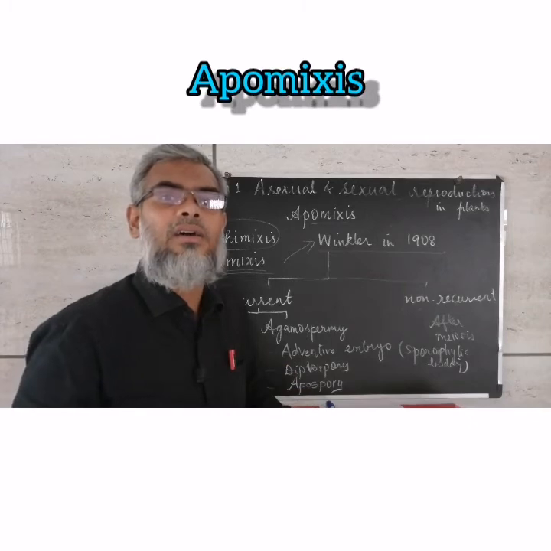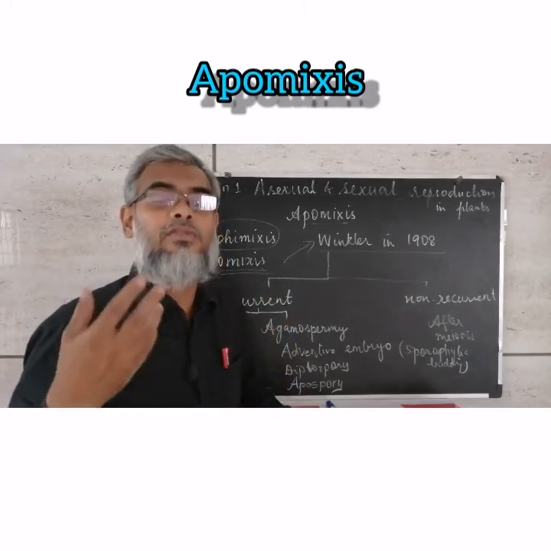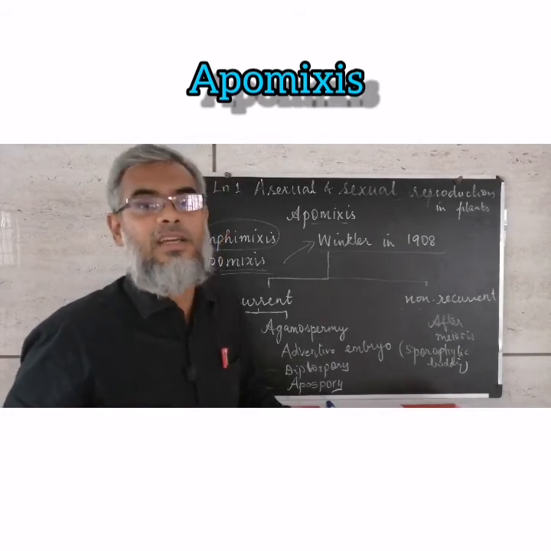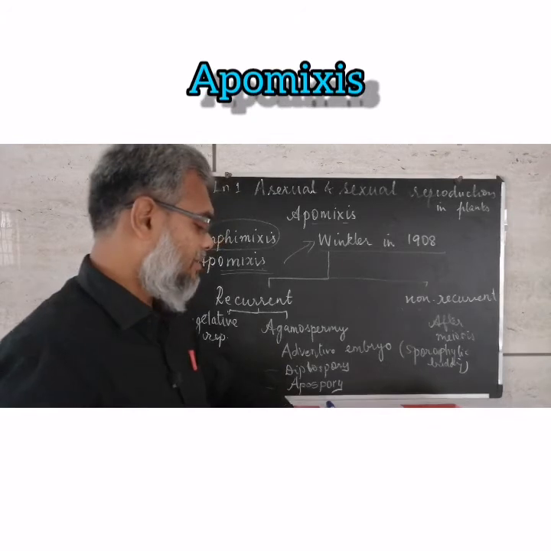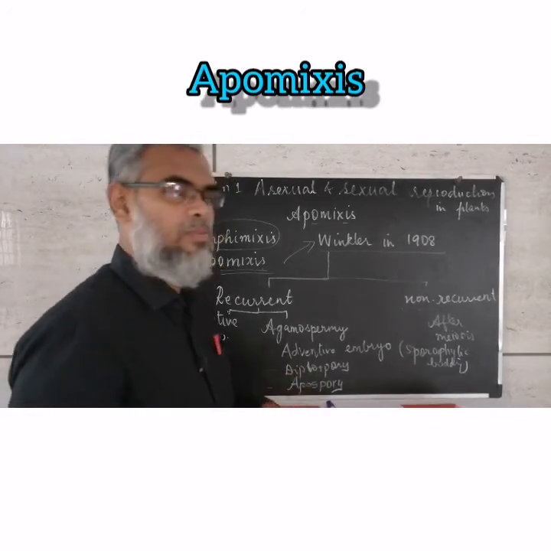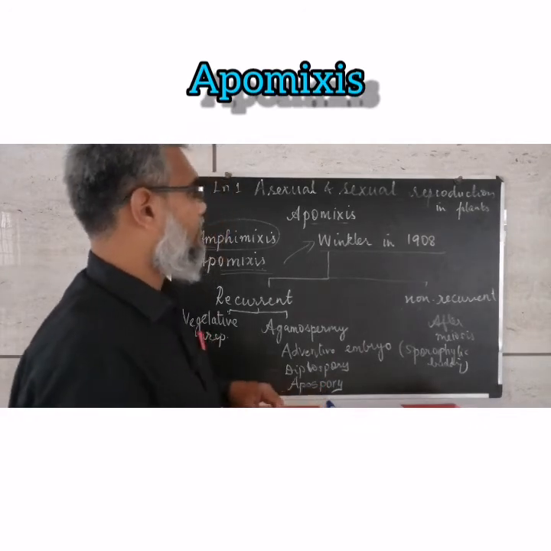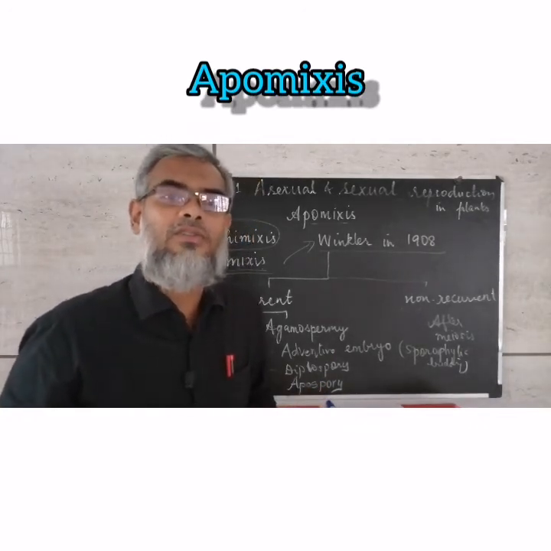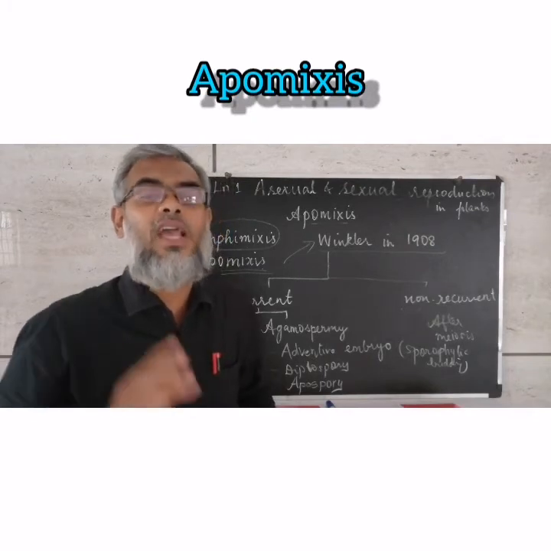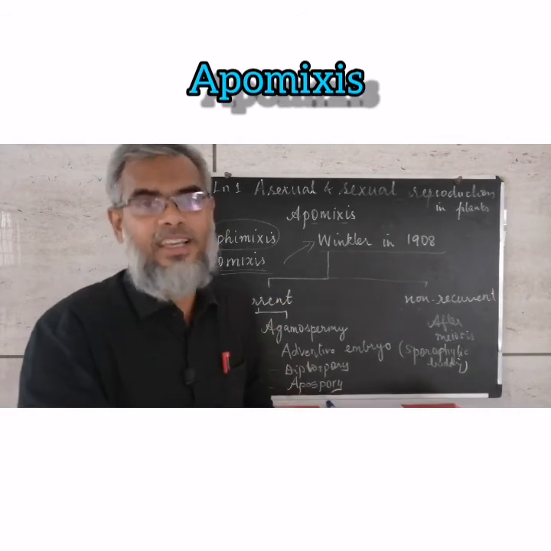The megaspore mother cell will form four cells, but after that they will disappear. That is called apospory, and that will develop into a new plant. So apomixis is generally without the fusion of male and female gametes, as we discussed here.